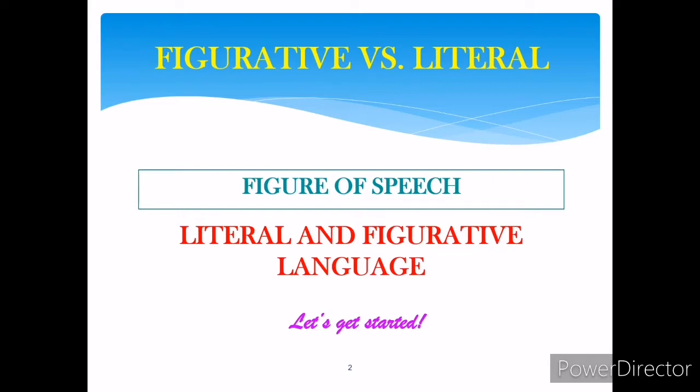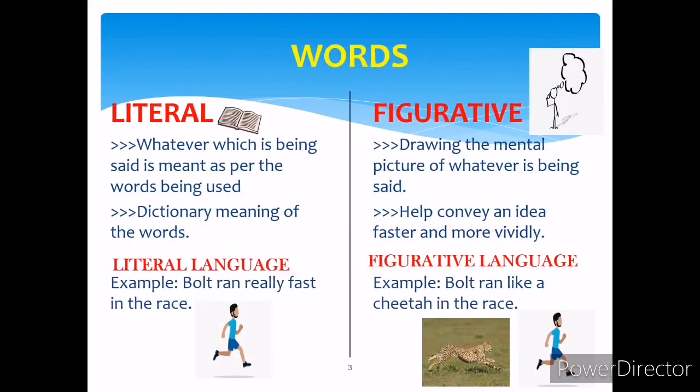So, let's get started! In English, words or phrases can have two meanings when they are being used. First is the literal, and second is the figurative. Literal means whatever is being said is meant as per the words being used.